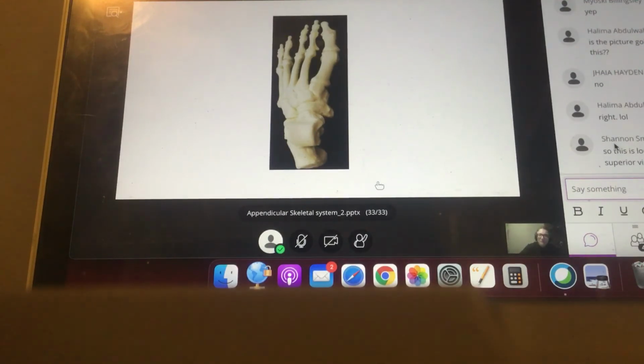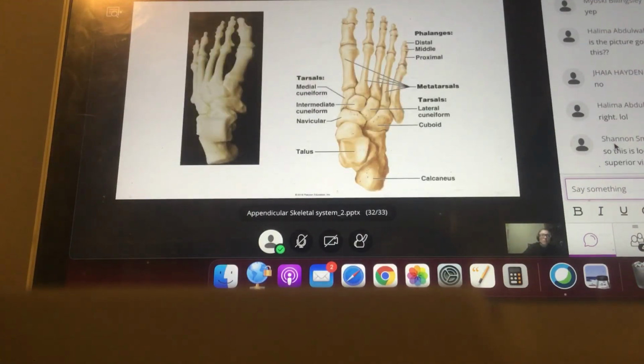Medial. That's the big toe, right? So whatever they have, always start medial. Why? Big toe, big toe. Medial, medial, medial. And then you go out, lateral. Okay, guys? And then after you finish that, the cuneiform, right? Those three here.